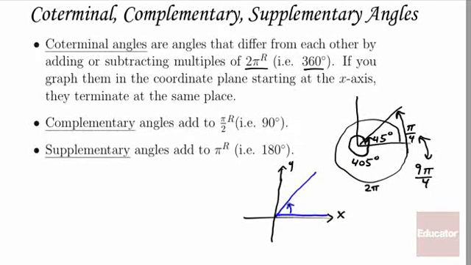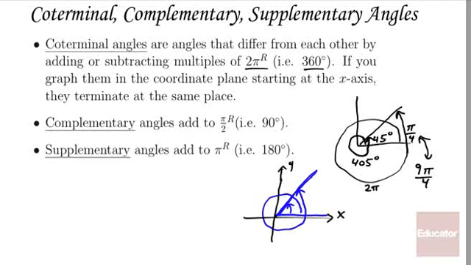That's why they're called coterminal. If one is 2 pi more than the other, or 360 degrees more, or maybe 720 degrees more, then we call them coterminal because they really end up on the same terminal line here.